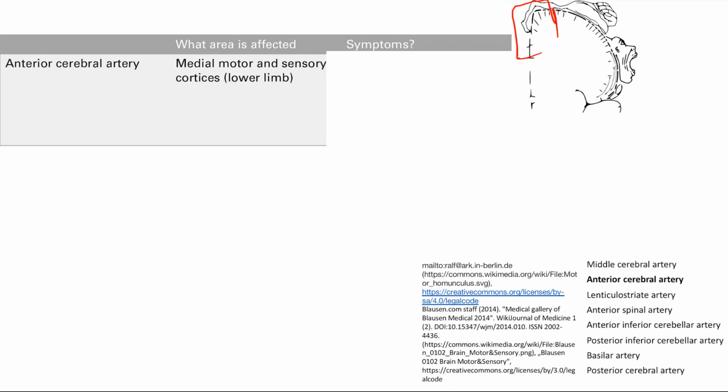Again, it's going to be contralateral, because the spinal cord tracts cross. So you're going to have lower limb paralysis and sensory loss. Very simple. You don't have to memorize that as long as you know the homunculus, the anterior cerebral artery, and your spinal cord tracts and where they cross.